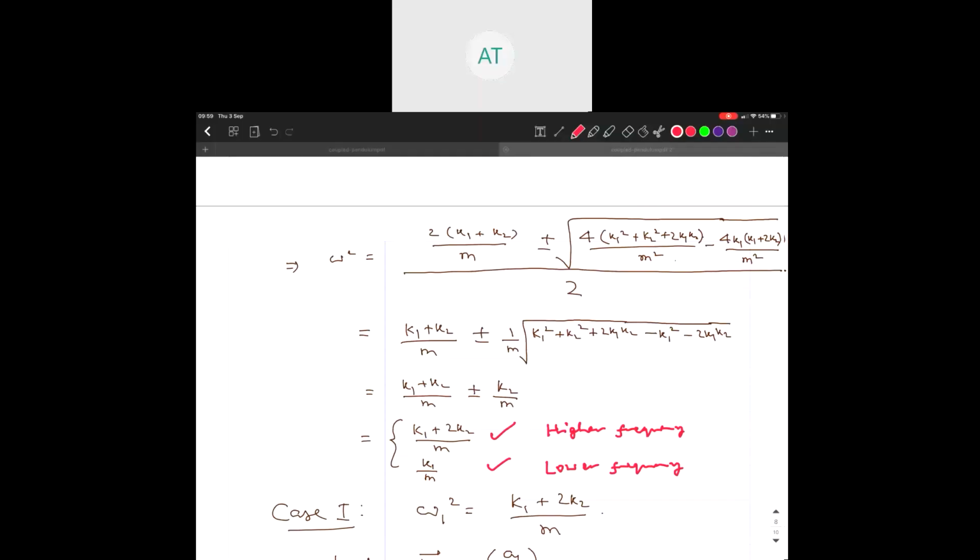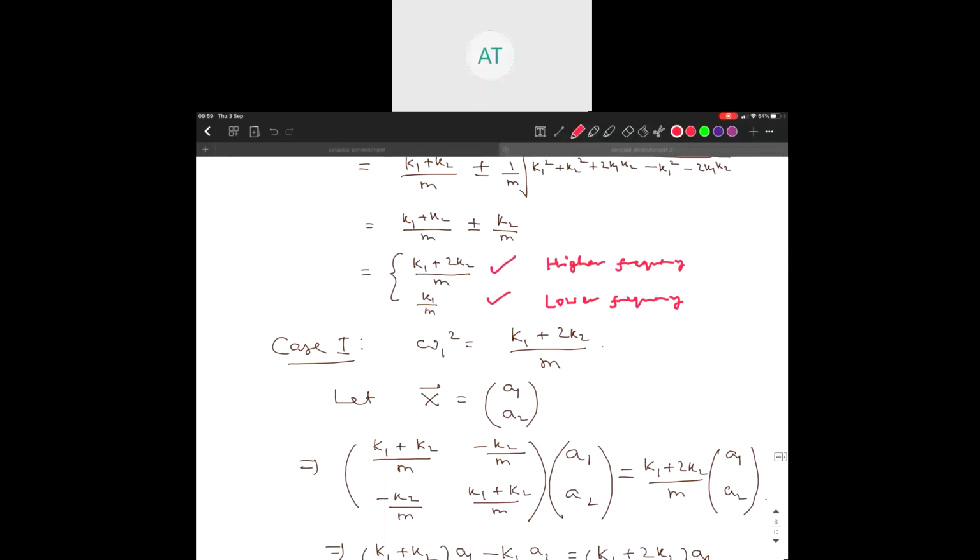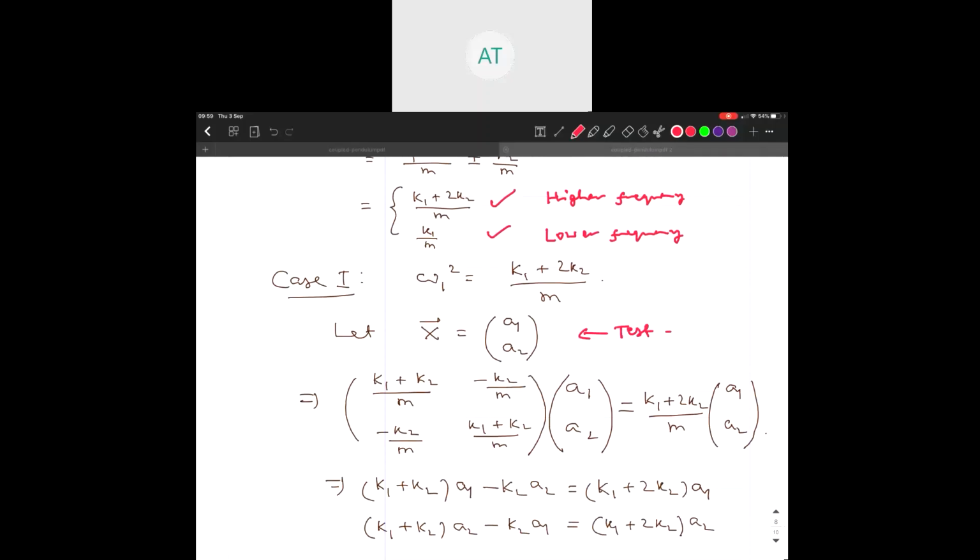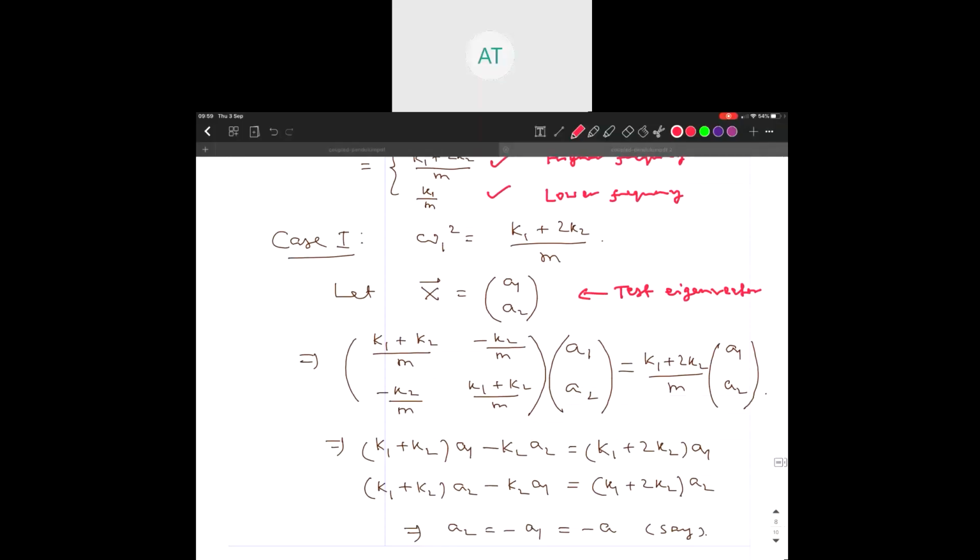Okay, so for the higher frequency case, let's imagine a test eigenvector. This is just an assumption. Say, suppose the eigenvector has components a1 and a2. Then this must satisfy the eigenvalue equation: M inverse K times the eigenvector equals omega 1 square, because omega 1 square is the eigenvalue here, times the eigenvector.